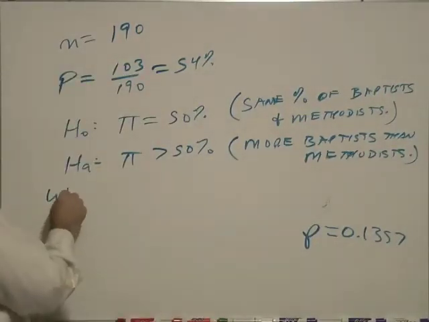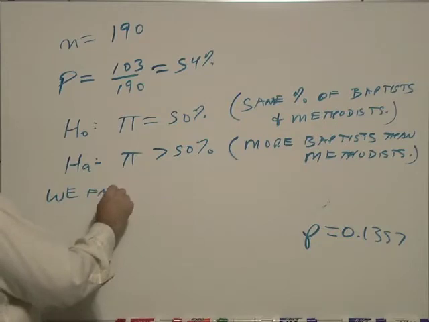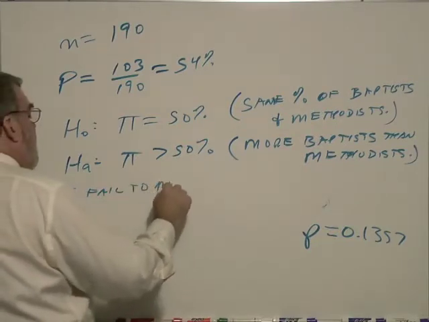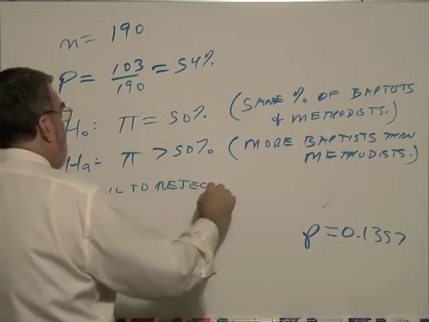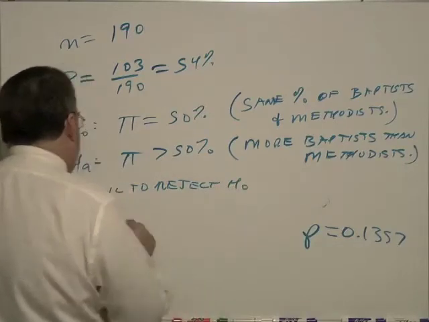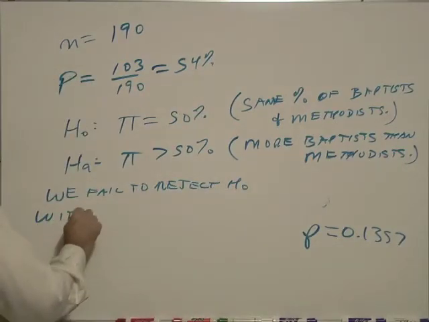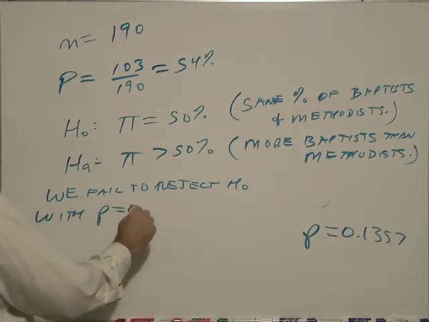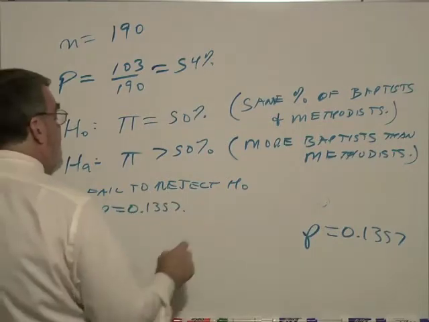We fail to reject the null hypothesis with p equal to 0.1357.